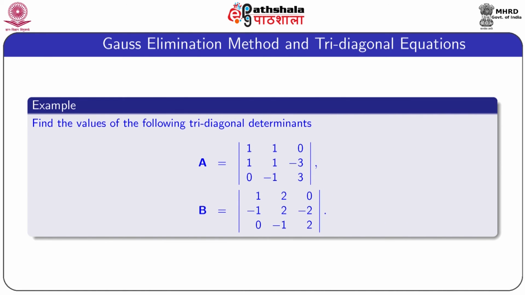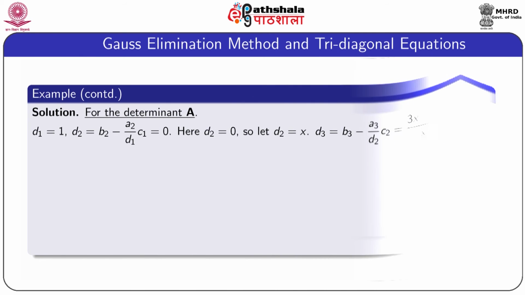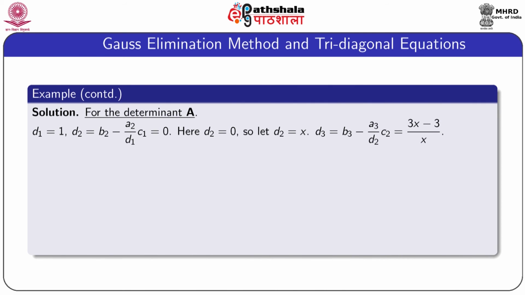Now, we explain the evaluation of a tridiagonal determinant by considering two matrices A and B. Note that the matrices A and B are tridiagonal. So, for the determinant det A, d1 equal to 1, d2 equal to b2 minus a2 by d1 into c1, which is equal to 0.